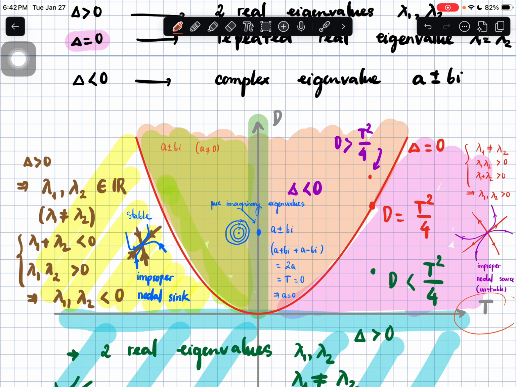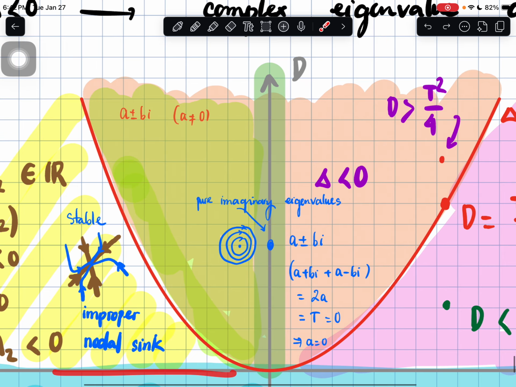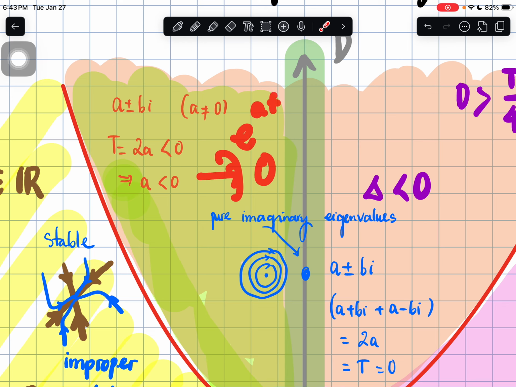And the trace is negative. This means that the trace is the sum of the two eigenvalues. In this case, we know the trace, 2 times a, is negative. So a is negative. This means that e^(at) will tend to 0 when t tends to infinity.